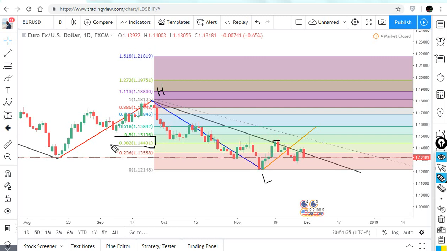But to be frank, it's not a good ratio. Is it over? No, it's not over, because at least the rule is that the market will go to 0.618 in the way of a zigzag. If you see in the past, it will also explain you.